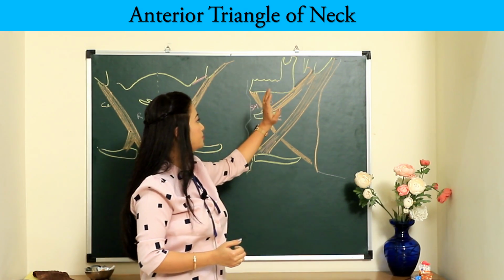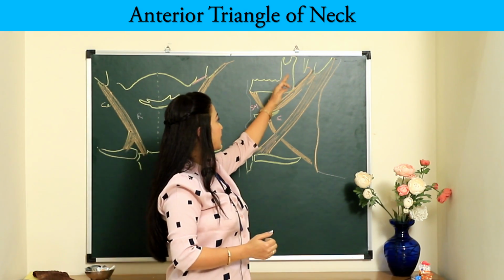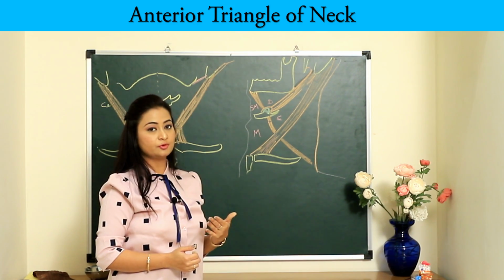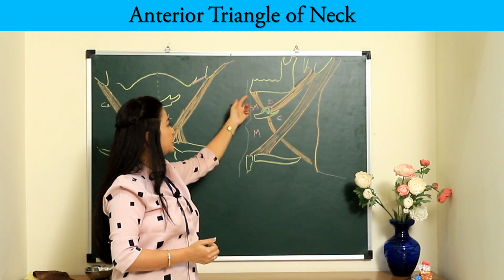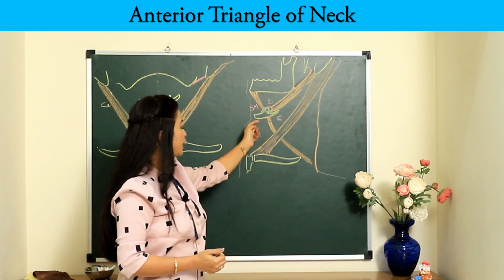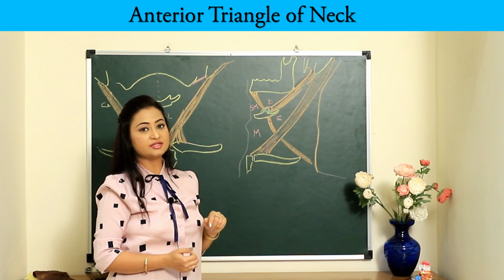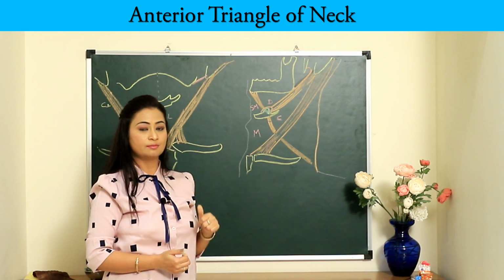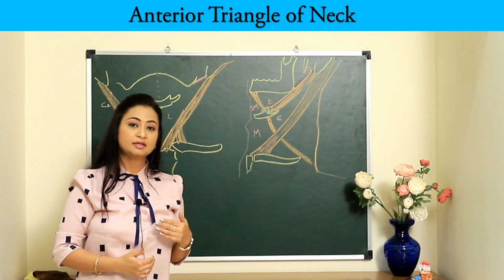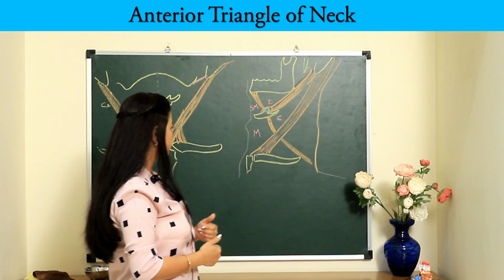The base is formed by the base of the mandible and an imaginary line joining the angle of mandible to the mastoid process, antero-inferiorly by the anterior belly of digastric and postero-inferiorly by the posterior belly of digastric and the stylohyoid muscle, right? Now we come to the muscles which are forming the floor of this triangle.